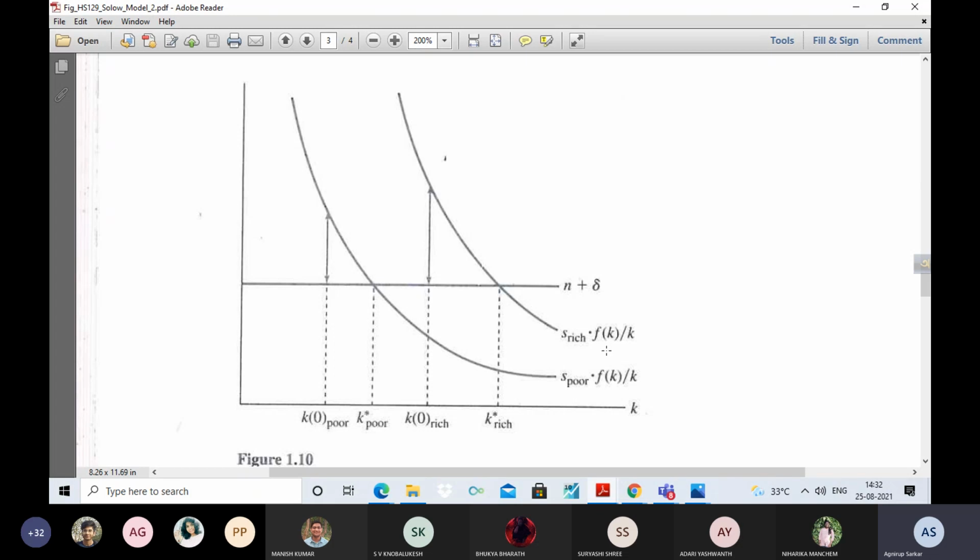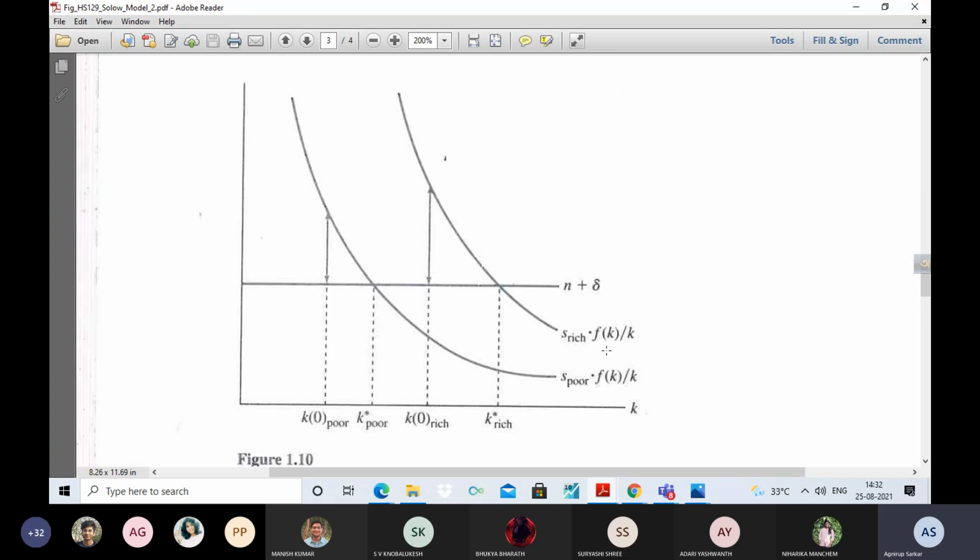So the findings on conditional convergence suggest that we should hold constant these determinants of k star to isolate the predicted inverse relationship between growth rates and initial positions, right? Initial position of capital.